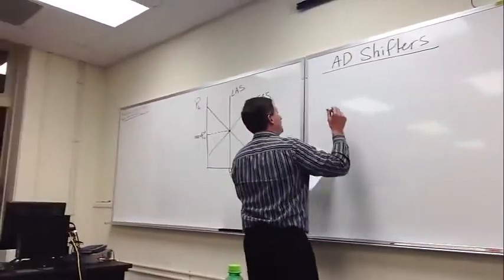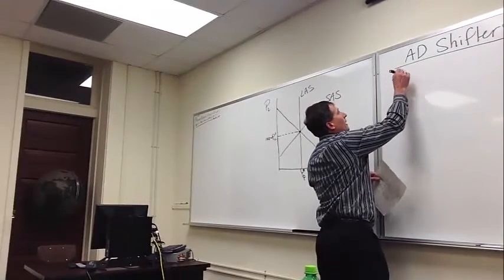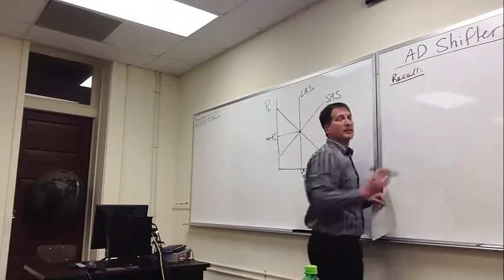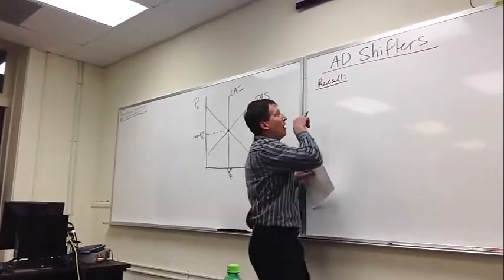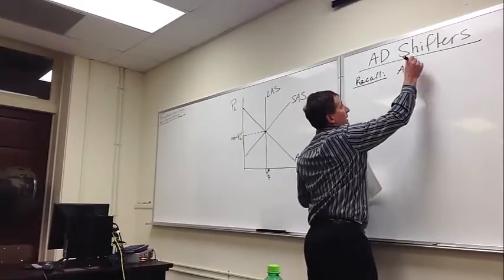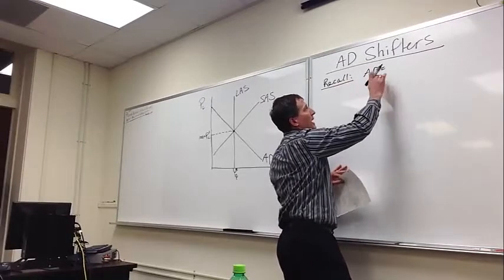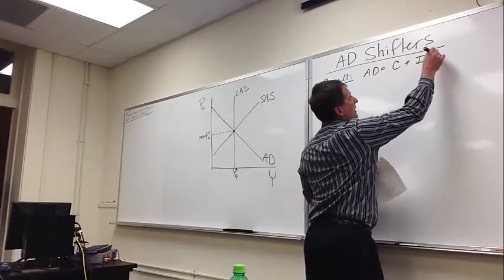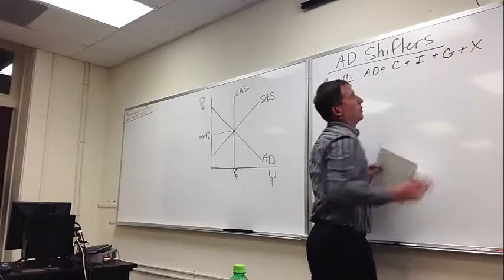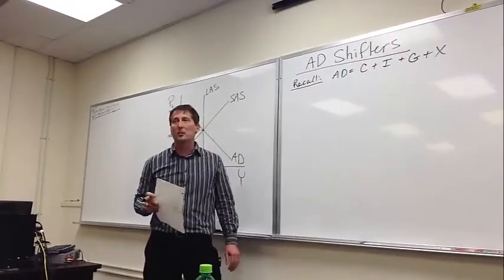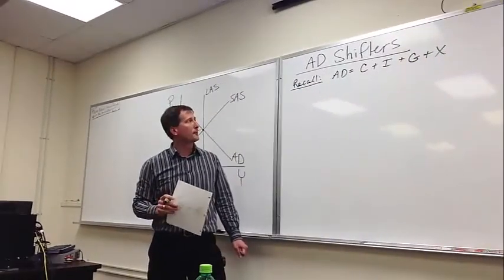Last time, I tried to make a connection for you between the players. One of the last things I left you with was to think about the demand having its four components, like we were used to looking at with the expenditure approach to measuring real GDP.